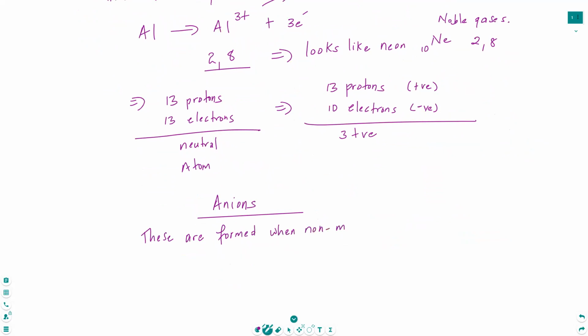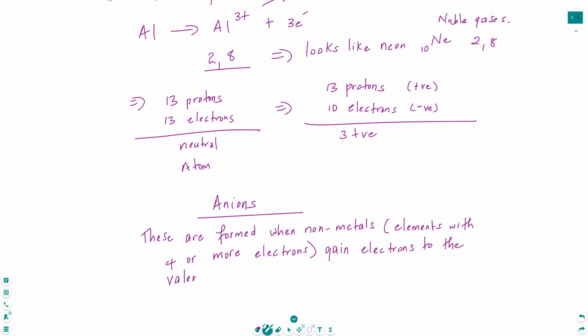Nonmetals are elements with 4 or more electrons on their outer shell, so elements with 4 or more valence electrons. These are the ones that will want to gain electrons to form anions, all right? So they gain electrons to the valence shell, which is the outer shell.